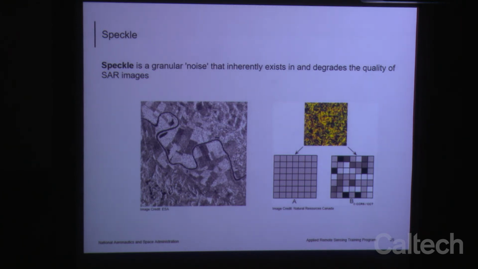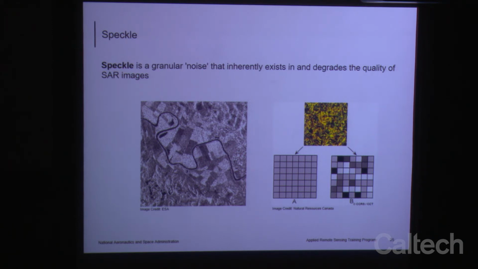Now, I mentioned earlier about the coherent nature of radar, having that phase relationship between the transmitted energy and what's received. And that phase statistic actually leads to this speckle feature.